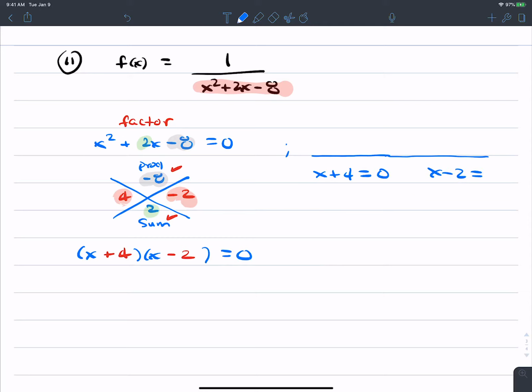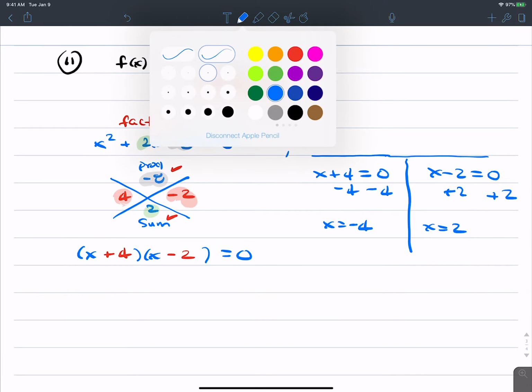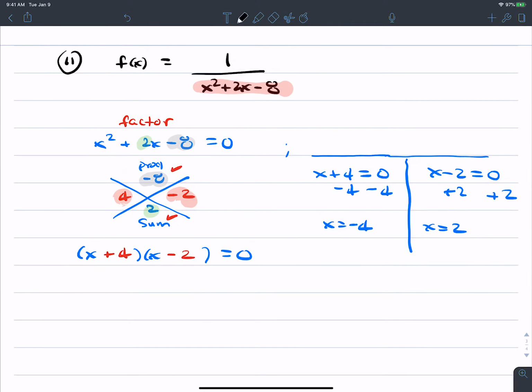We get x minus 2 equals 0. Subtract your 4 from both sides, add your 2 to both sides, and we'll get x is negative 4 and x is positive 2. This is the location of your rocks. So your domain here will be set of all real numbers x such that x could not be negative 4 and x could not be positive 2.